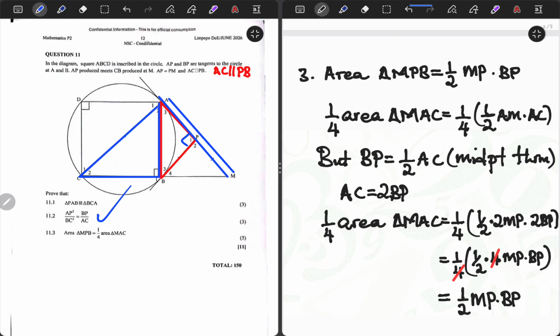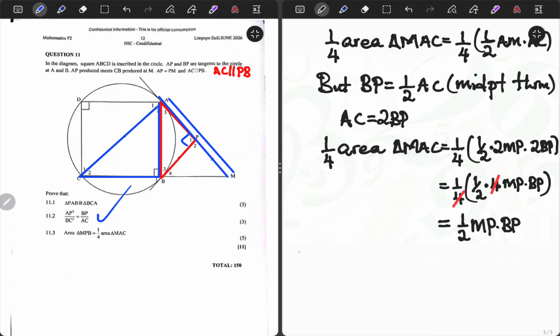Then we can equate, we can say therefore area of triangle MPB is very much the same as a quarter area of triangle MAC, because they give us half MP multiplied by BP, both, okay?